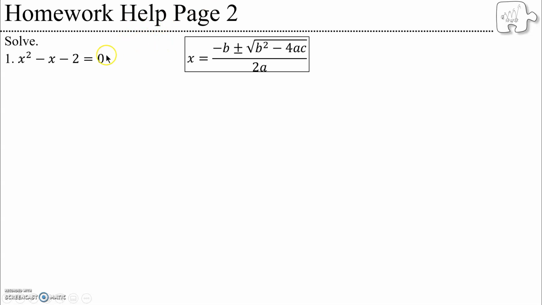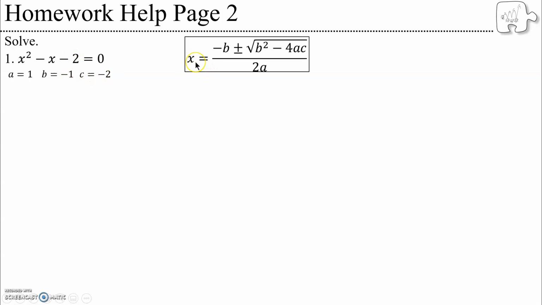Because now we just have to figure out what A, B, and C are, and we're just going to replace the values here. Remember, if there's no number before the x squared, then our A value is going to be 1, right, because there's no number here. This is going to be negative, right, there's no number, so it's going to be negative what? Negative 1, right? The last number is negative 2.